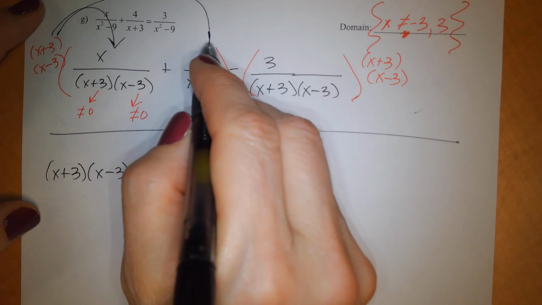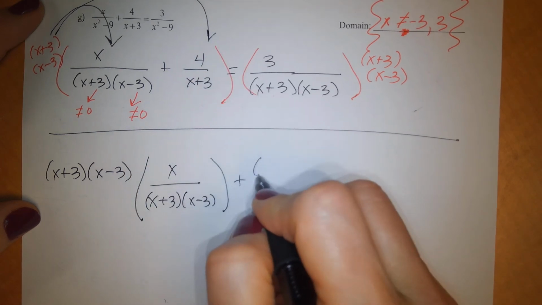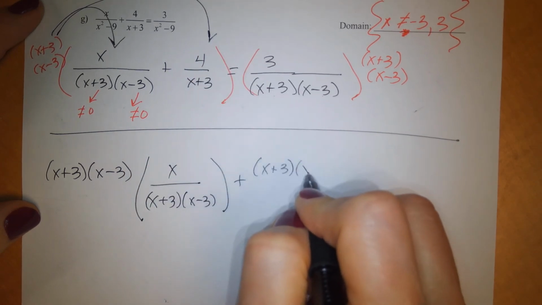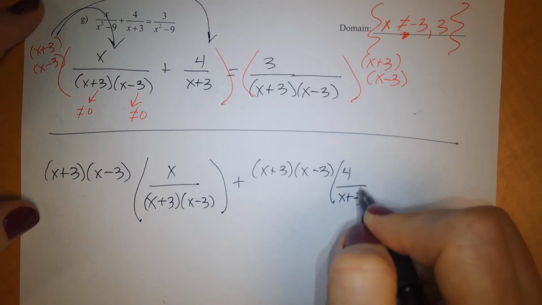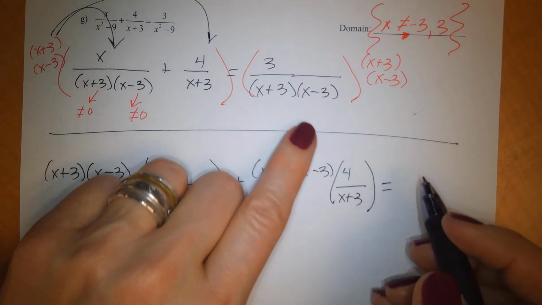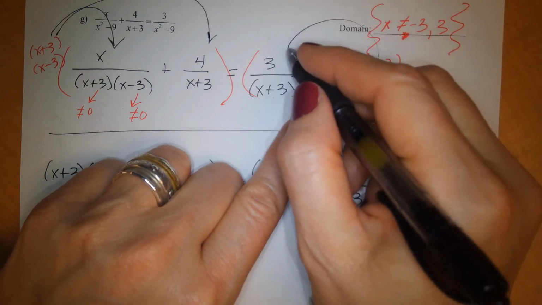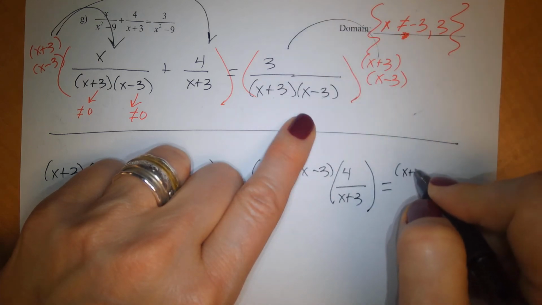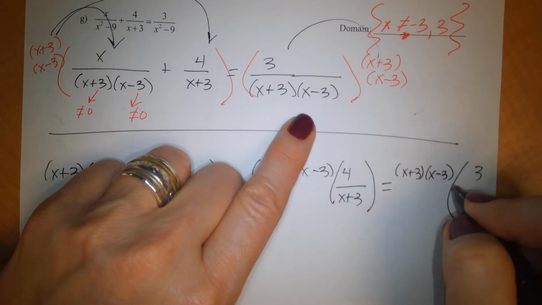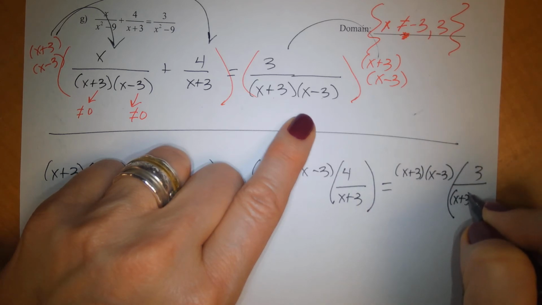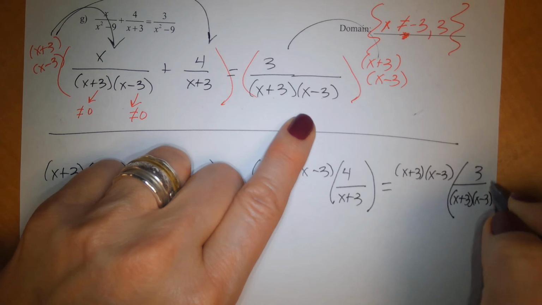Then distribute it to the second term, plus x plus 3, x minus 3, times 4 over x plus 3 equals. Now on the right side, you're distributing this inside. So x plus 3, x minus 3, times 3 over x plus 3, x minus 3.